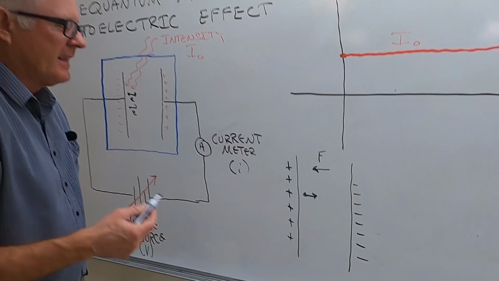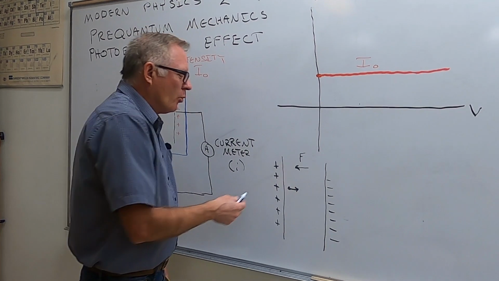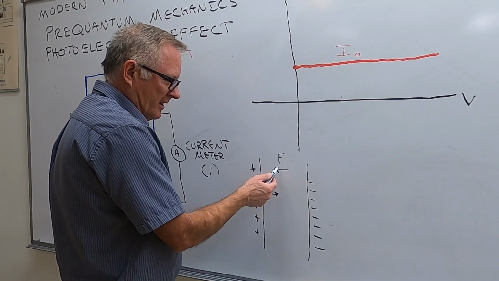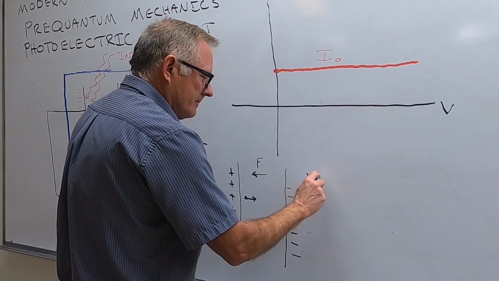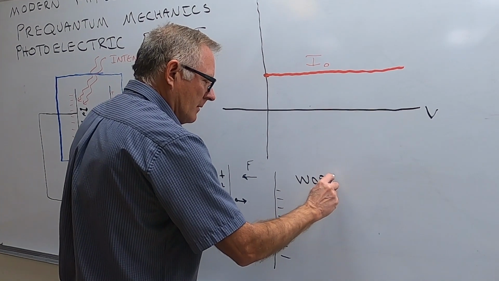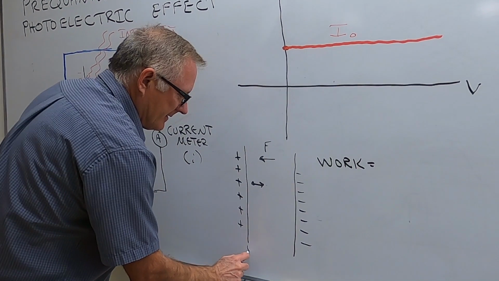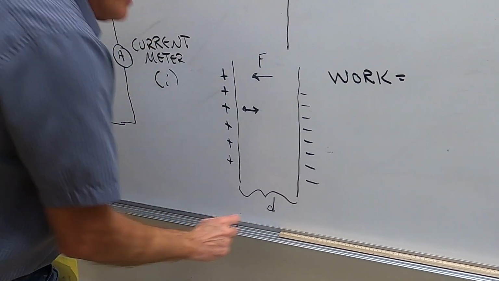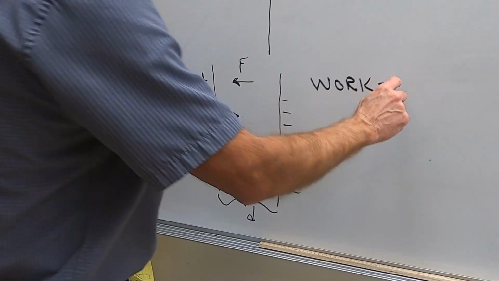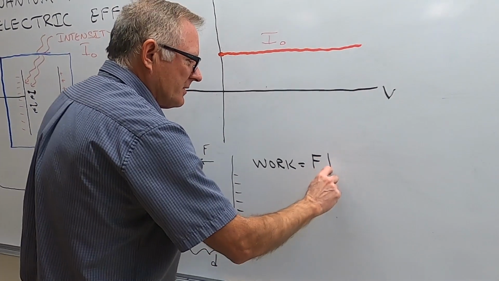And if we wanted to calculate the work due to this force, the work is just force times the distance, where this distance is right there, d. It's a constant force, so we don't have to integrate or anything. It's just force times d.